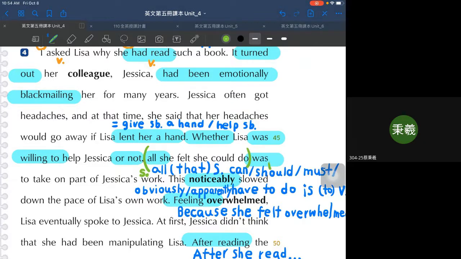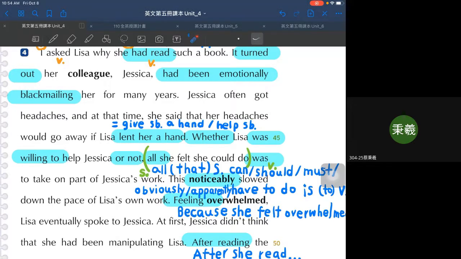And was here is the verb. And all here, originally, we use the word all to mean something, all the things. So originally it should be that here. So all that someone can do, all that someone should do, all that someone must do. In this case, all she felt she could do.